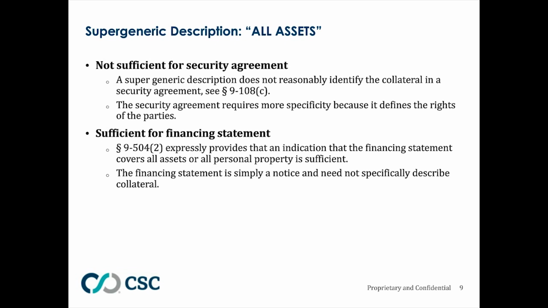The underlying security agreement will still need to more specifically describe the collateral. Because of the discrepancy here, the difference between the standard for a security agreement and a financing statement, many secured parties were reluctant to use the supergeneric description for a long time, but it's been growing in acceptance and is now commonly found on filed UCC financing statements.